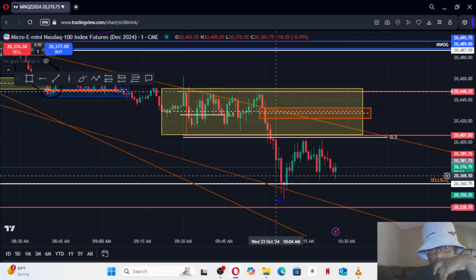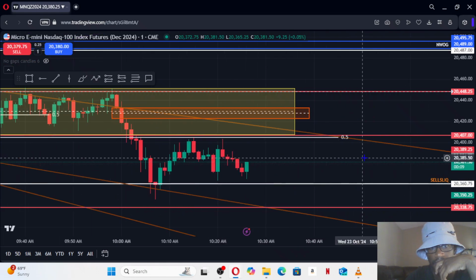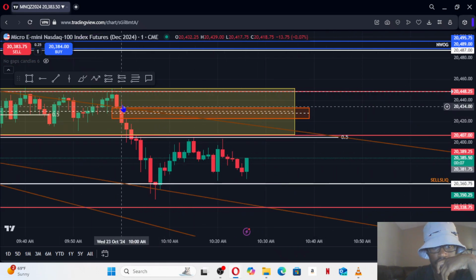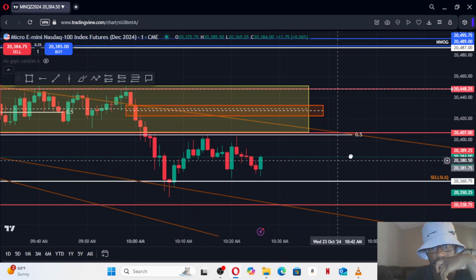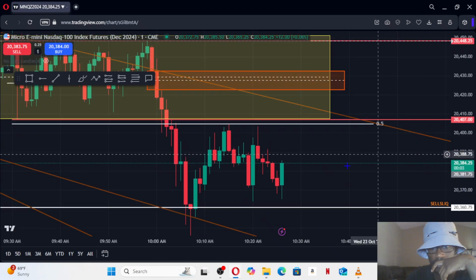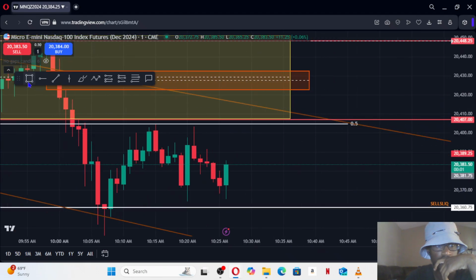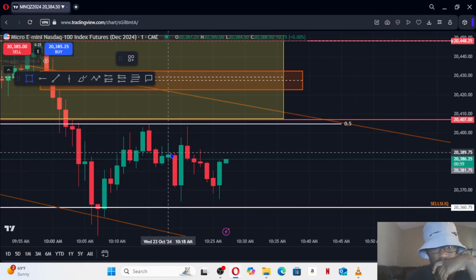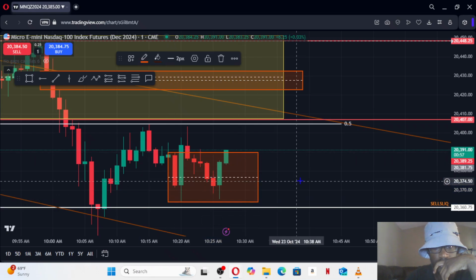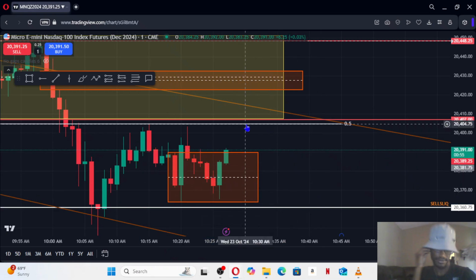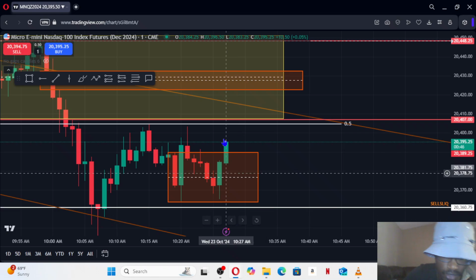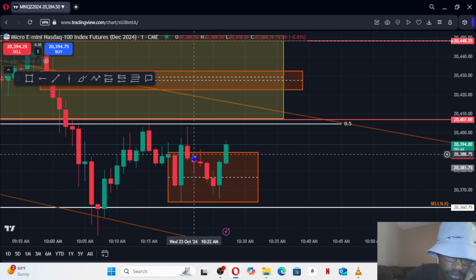This was actually the entry down. I would like for this candle to retrace a little bit higher, but it didn't. For me to even take a buy, I need that to retrace down here, but it might not.